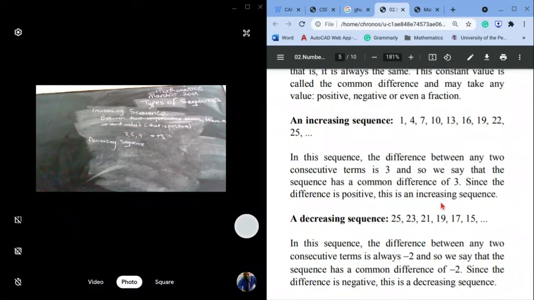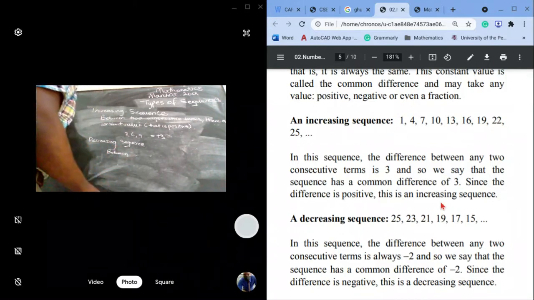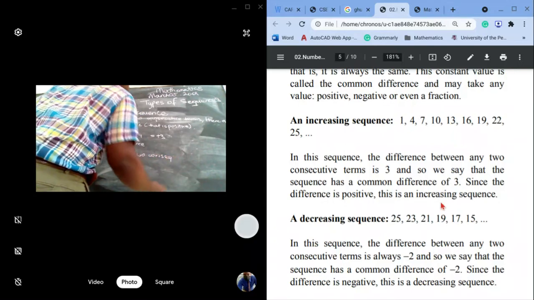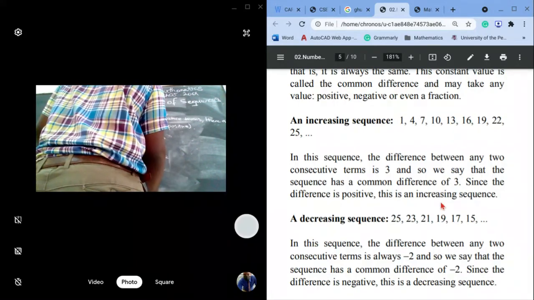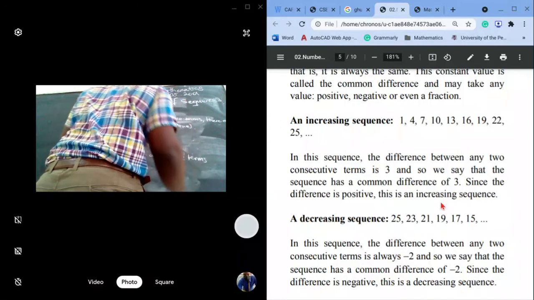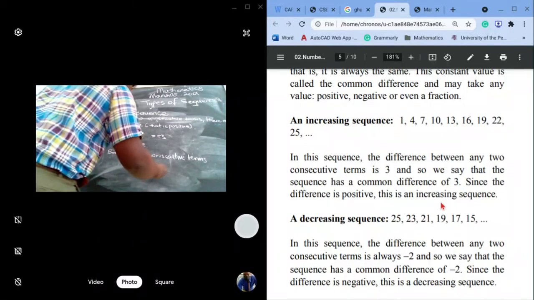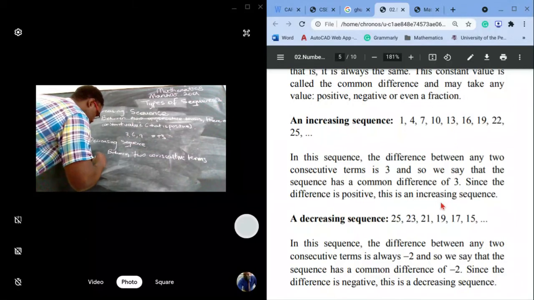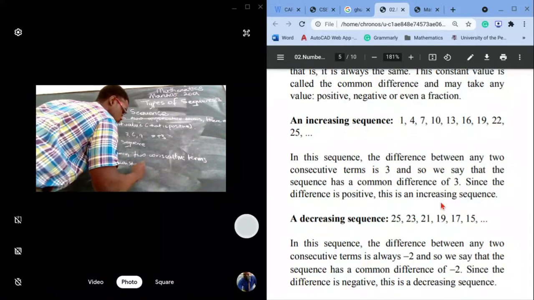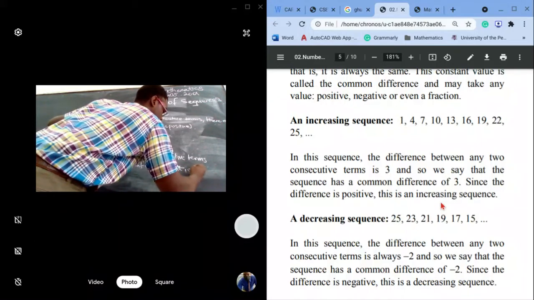Okay, and a decreasing sequence now, between two consecutive terms, there is a constant value that is negative, right?